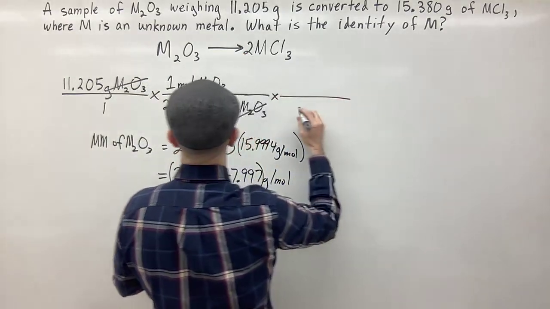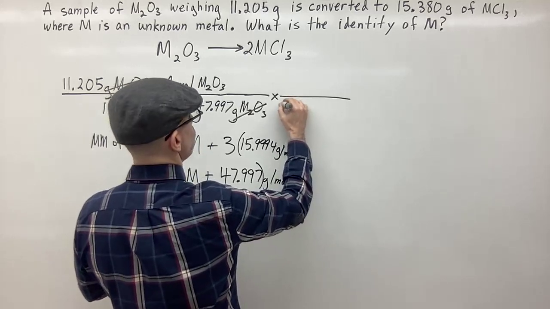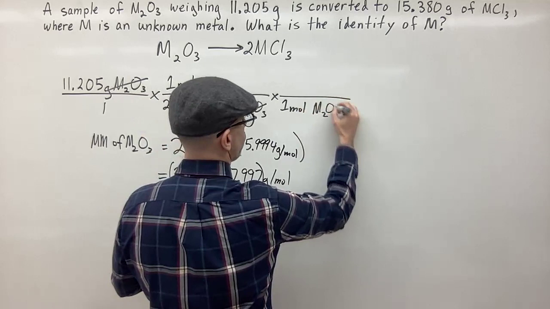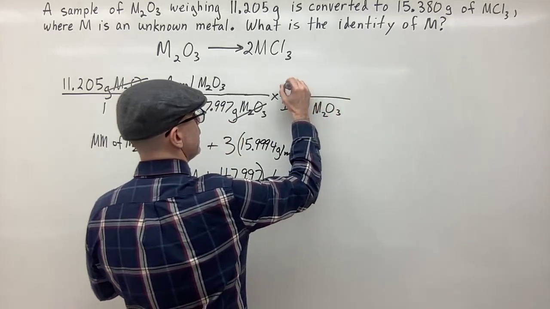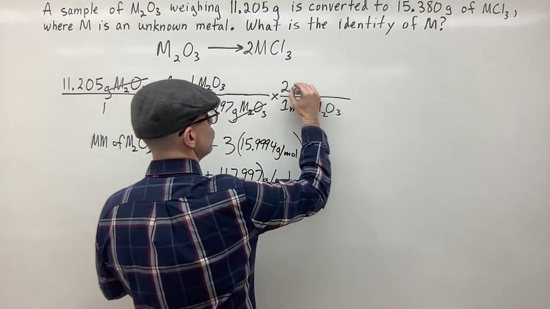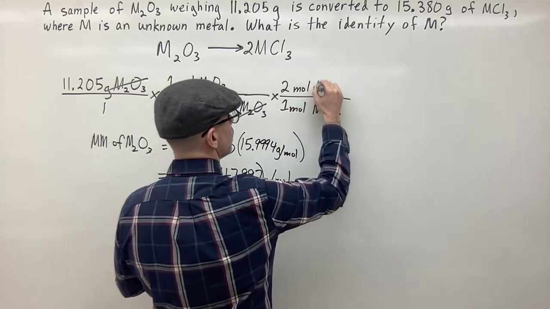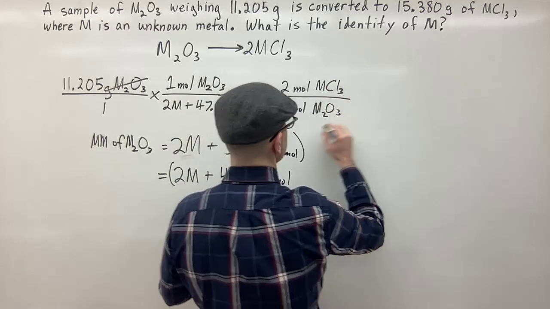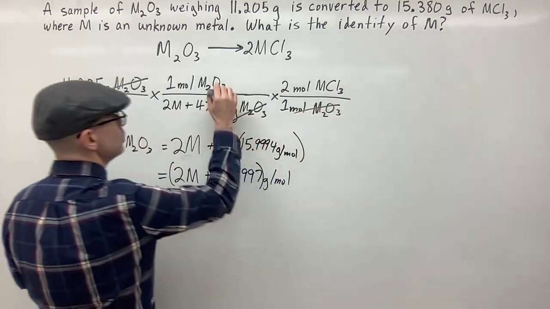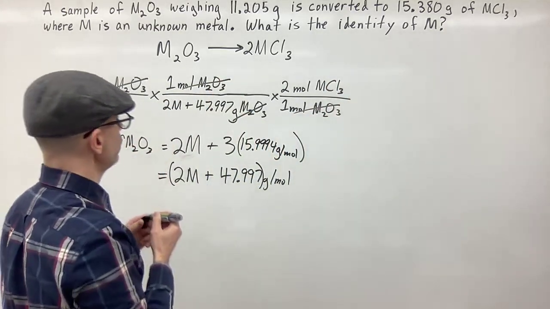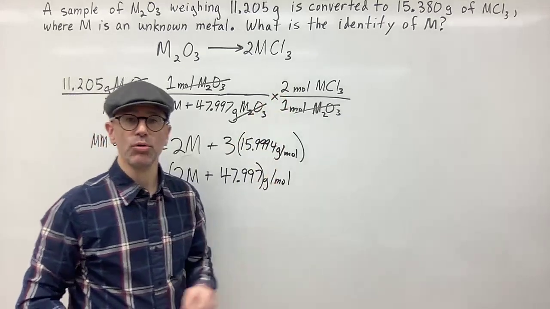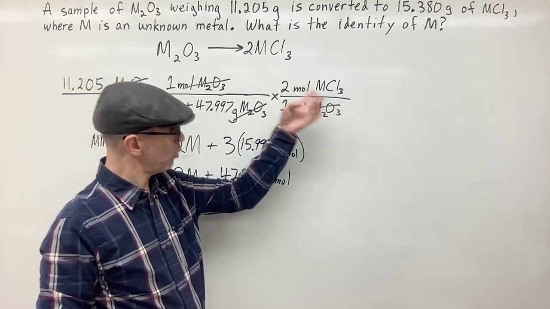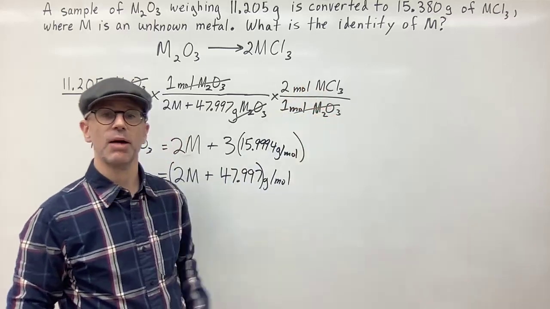So I put 1 mole of M2O3 on the bottom, and I have 2 moles of MCl3 on top. So moles of M2O3 cancel out. Now I have 2 moles of MCl3 on top.